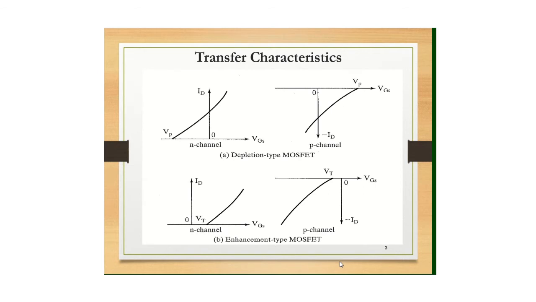The gate draws very small leakage current, in the order of nanoamperes. If we talk about the current gain, we know generally the current gain is measured in terms of the output current to input current, right?